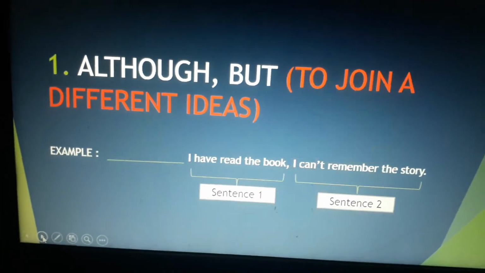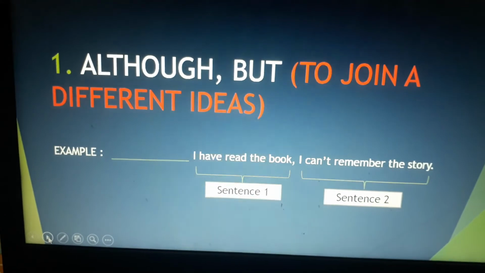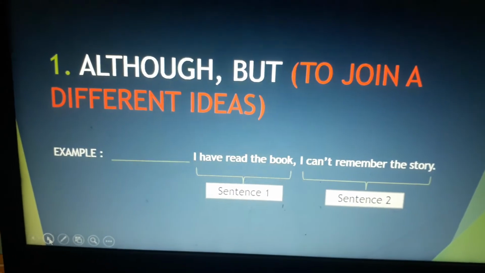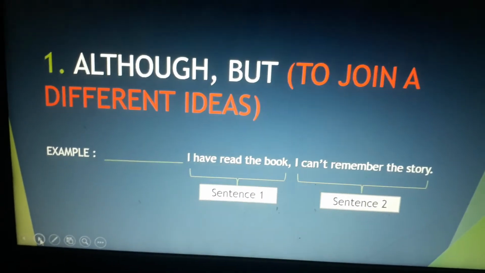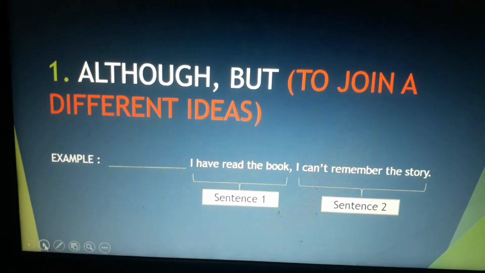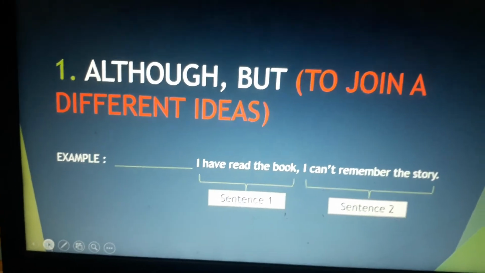If we see this sentence, there are 2 sentences that are combined to become one sentence. And then, how to make a conjunction here? Just see sentence number 1. Look at the explanation.